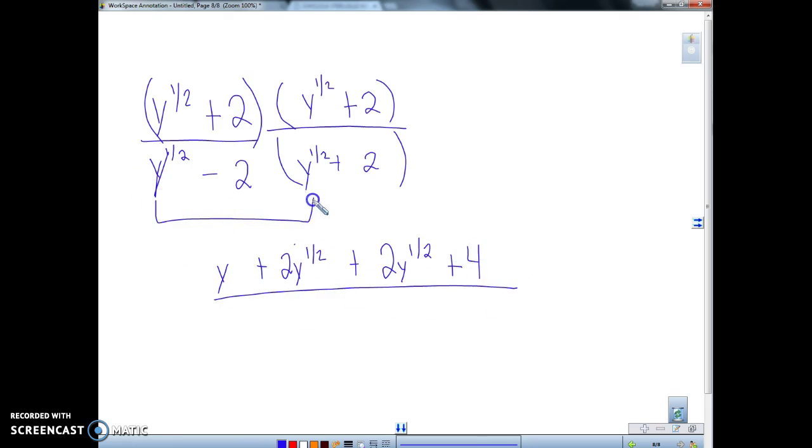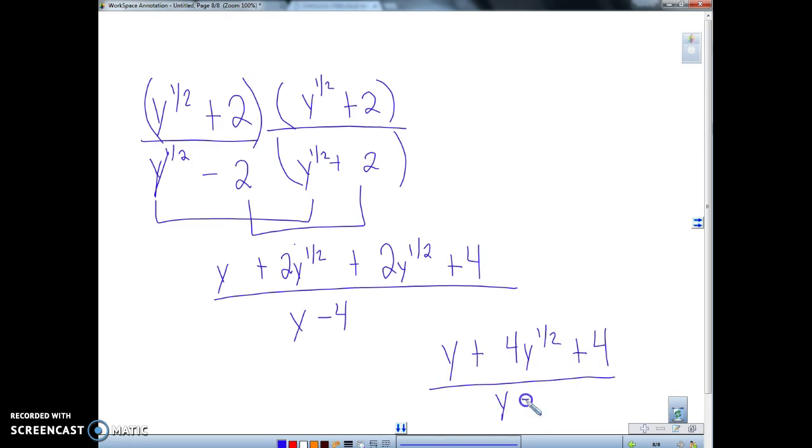The denominators were conjugates, so you multiplied the first and last. So you got y minus 4. Combine like terms on the numerator and you get y plus 4y to the 1/2 plus 4 over y minus 4. And that would be your final answer.